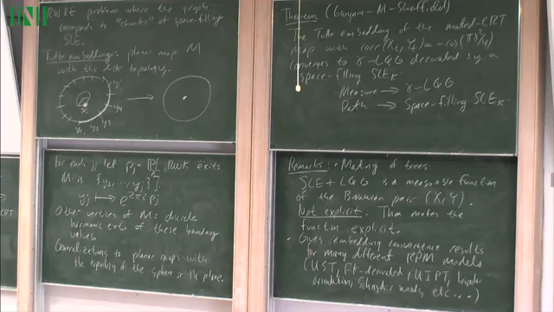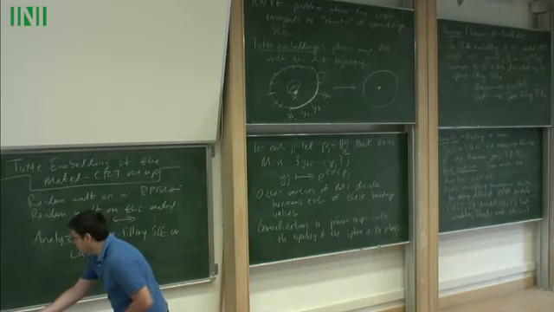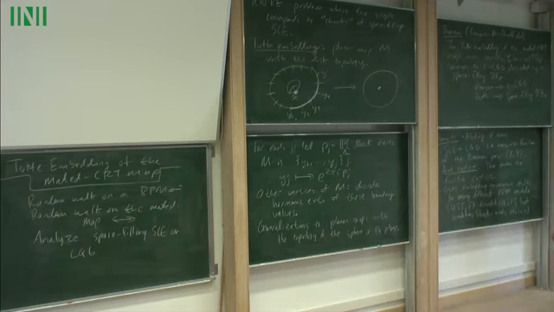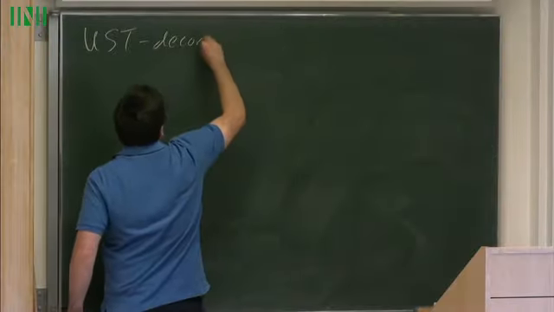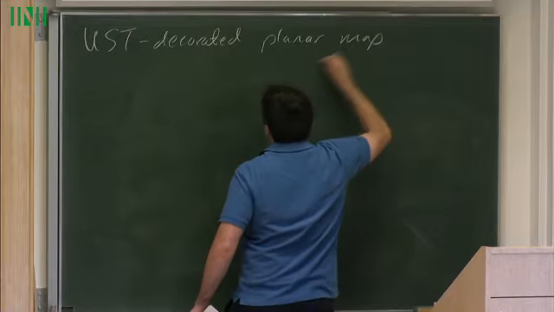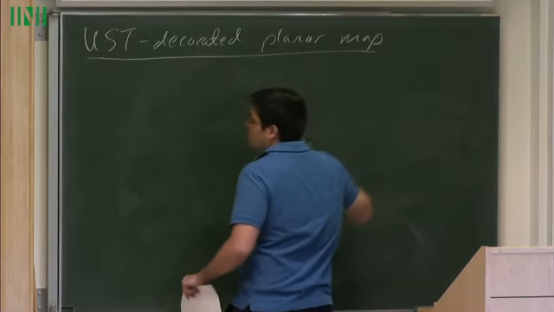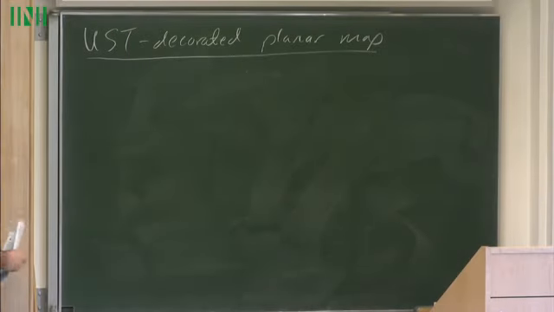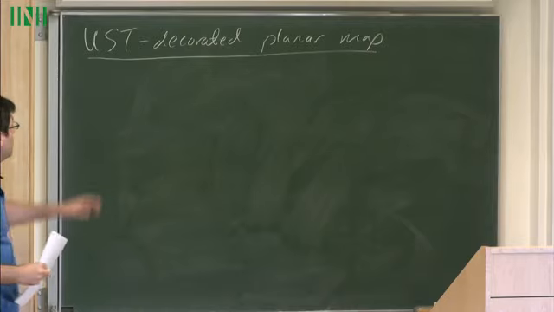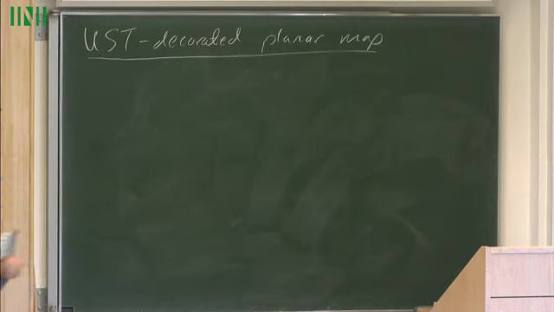So I want to take a moment just to explain in what sense you get an embedding result for discrete random planar maps. For example, you can imagine that you have, let's say, a UST decorated planar map. So just imagine, for example, that this is somehow sitting in the background. And in order to use this continuum embedding result, in order to embed your UST decorated planar map, what are you going to do?